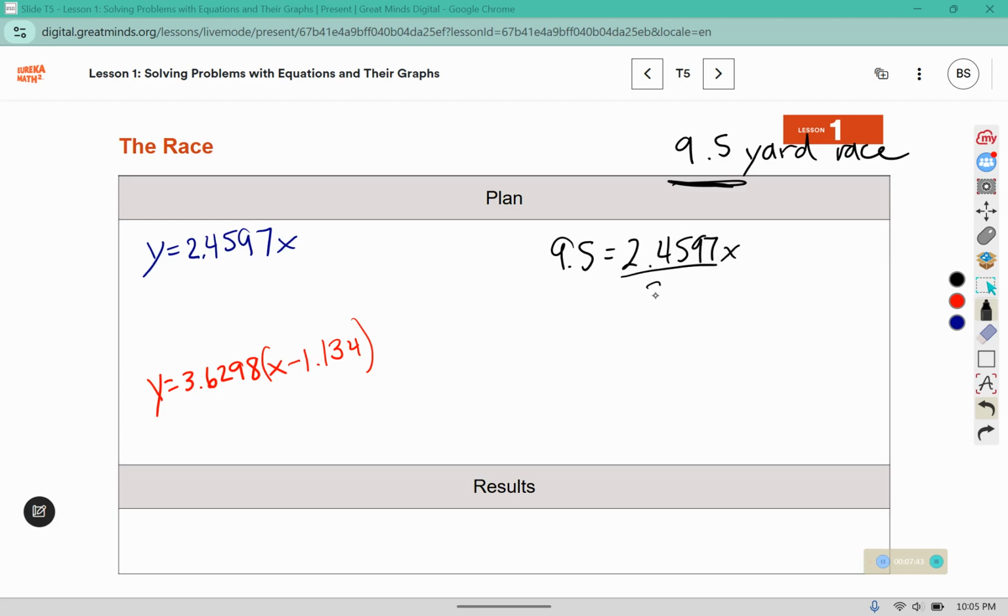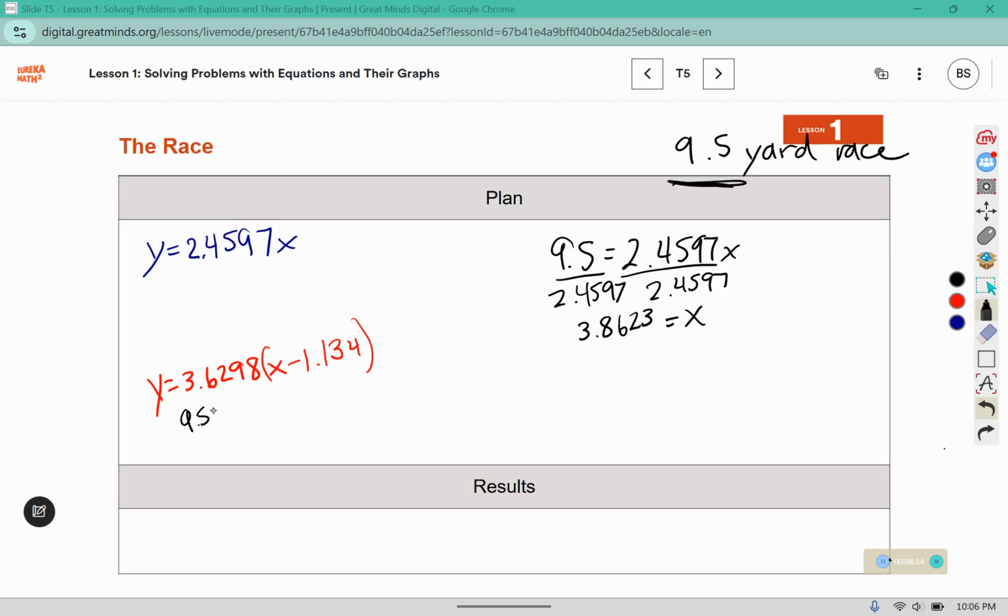We would divide by 2.4597 on both sides, and we would get an approximation for how many seconds it would take the first car to reach 9.5 yards. And that is approximately 3.8623 seconds.